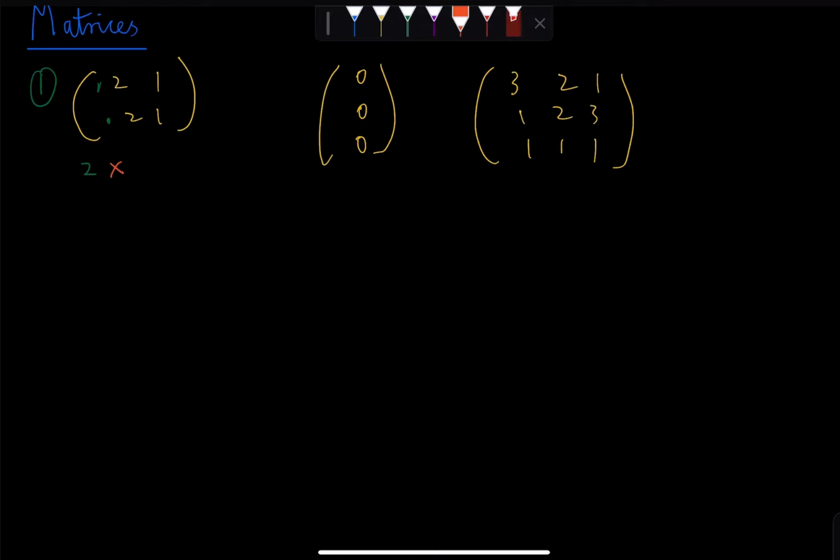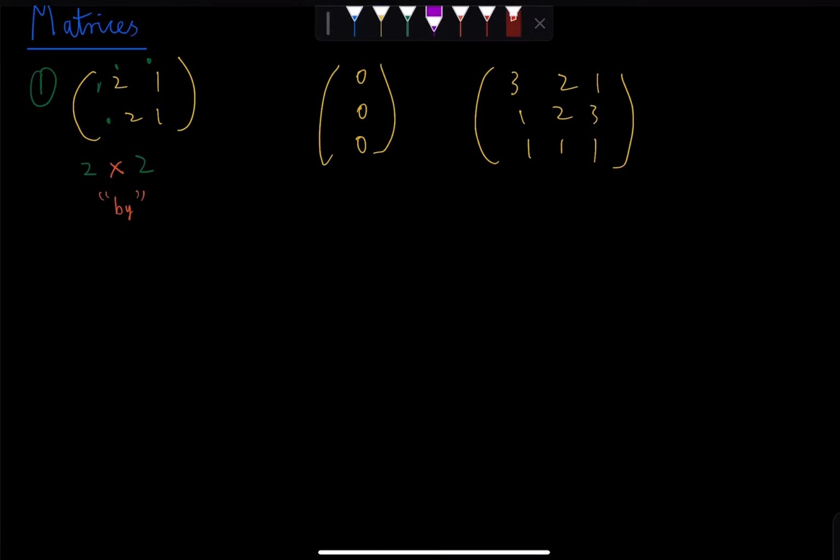It just represents the word by. So whenever you write this sign, you say something by something. So in this case, it's 2 by, and you count the number of columns, and that's 1, that's 2. So that's 2 columns. So this is a 2 by 2 matrix.